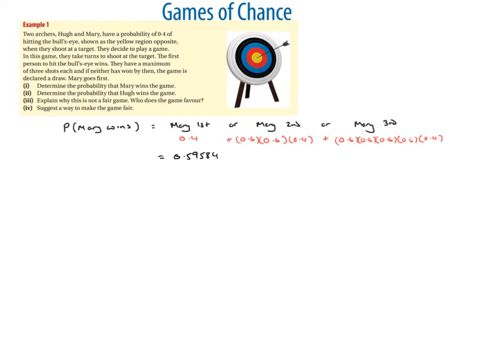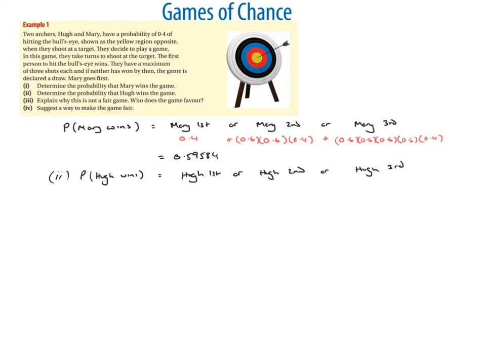Okay, so again, we're still assuming that Mary is going first. We're going to work out the probability that Hugh wins. So Hugh wins. That means he wins on his first one. So Hugh on his first shot, just like before, guys, or Hugh on his second, or Hugh on his third.